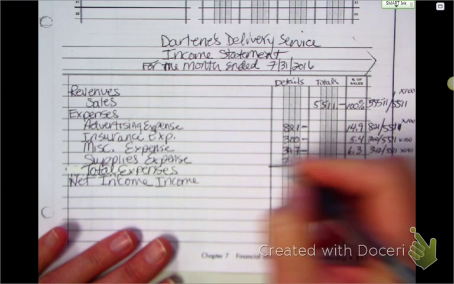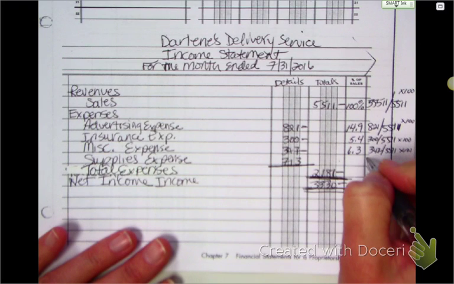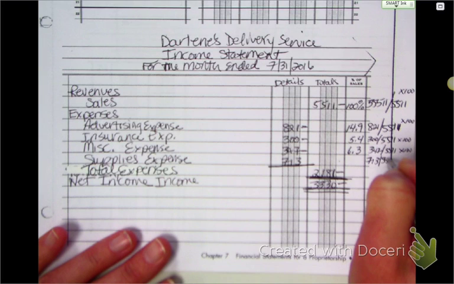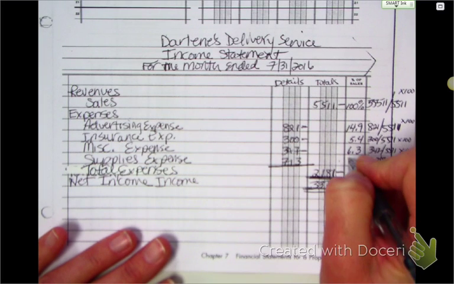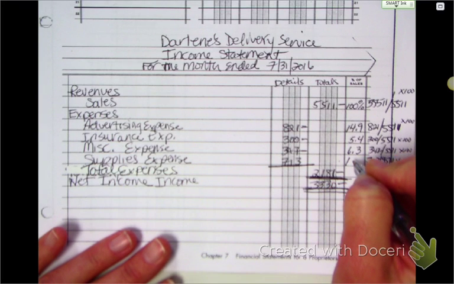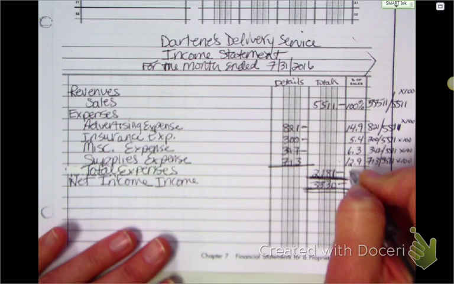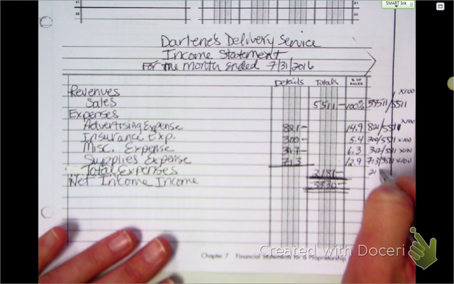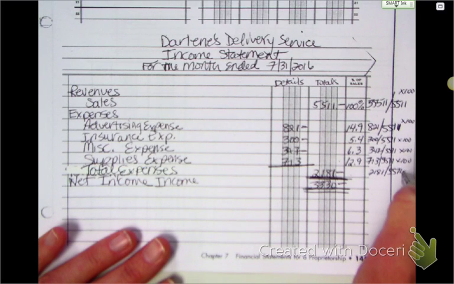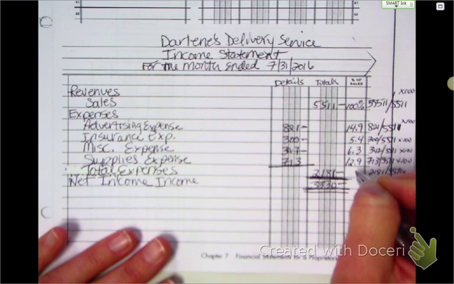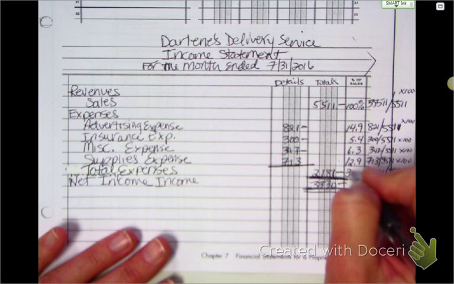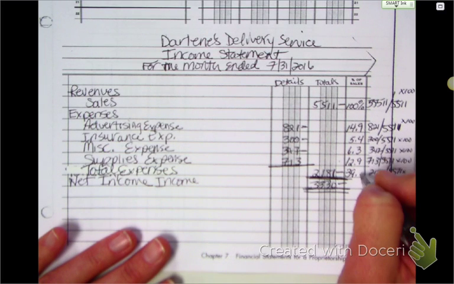And then 713 divided by 5,511 times 100 gives us 12.9. And then we do the same thing with our total expenses, 2,181 divided by 5,511 times 100, which is 39.6.